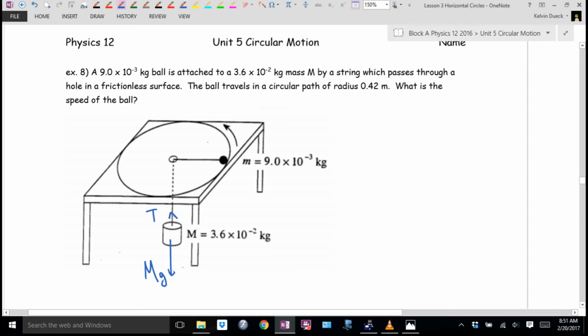Those are the forces acting on big M. What are the forces acting on little m, the ball? Folks, get the obvious one. Okay, we have gravity down, little mg, I'll call that. Is it sinking into the table like quicksand? Is it flying into the air like Superman? We have a normal force up. What else? Tension.